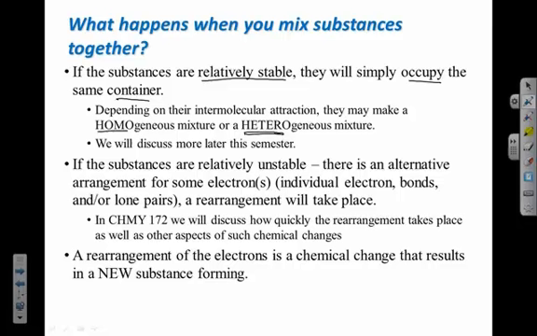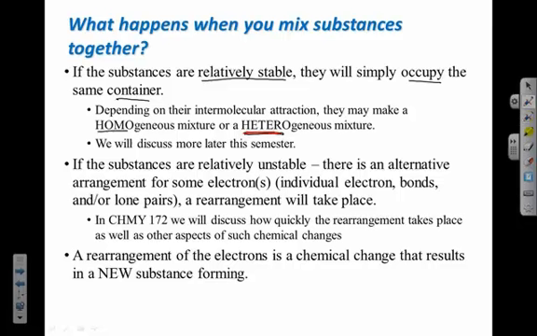So when substances don't mix and form heterogeneous mixtures, it's not because they repel. It's not correct to say that water repels oil. It's just that the attractions water makes with oil are not nearly as strong as the attractions water makes with water, so the waters just stick together with their own kind.